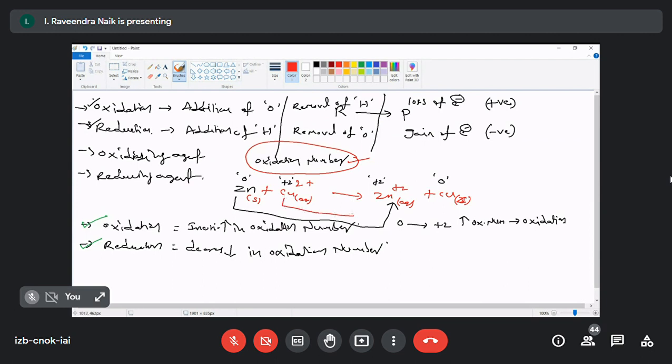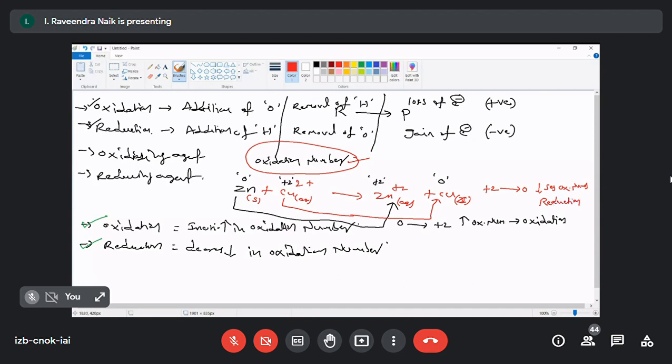Next, look at Cu2+. The oxidation state of Cu went from +2 to 0. +2 to 0 means the oxidation number decreases. A decrease in oxidation number means that the reaction is reduction.